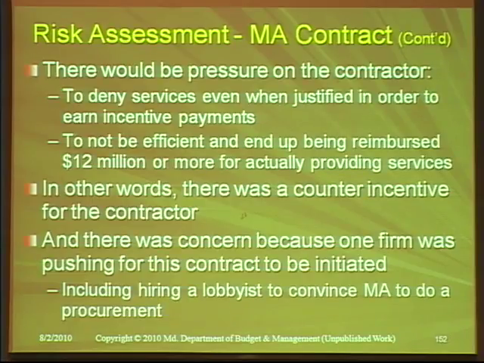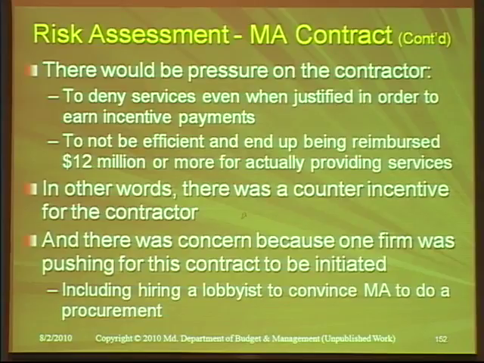Now here's another issue. There would be pressure on the contractor, number one, to deny services and get incentives, but number two, to not be efficient and end up being reimbursed the entire amount of the payment for services.